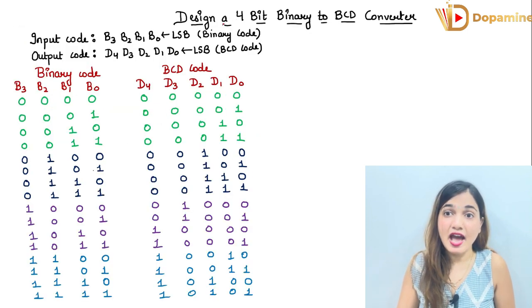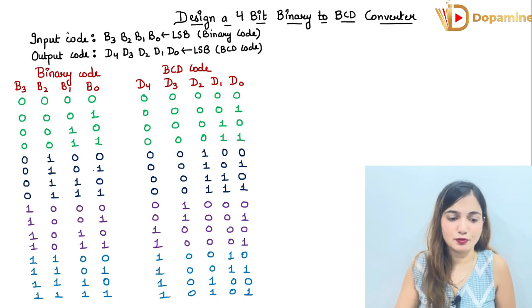First of all, we have to make the truth table containing the input code and the output code. Here the input code is a binary code.